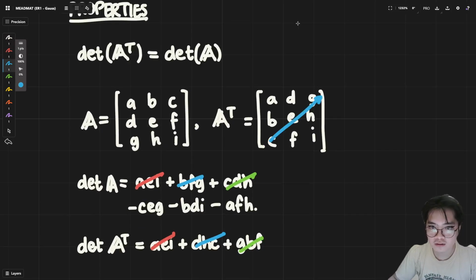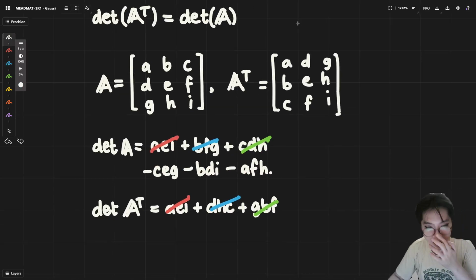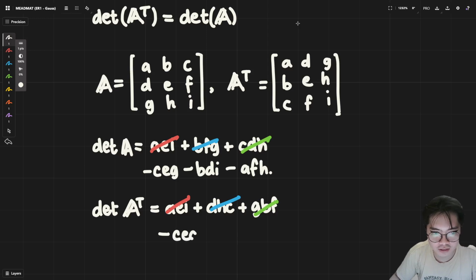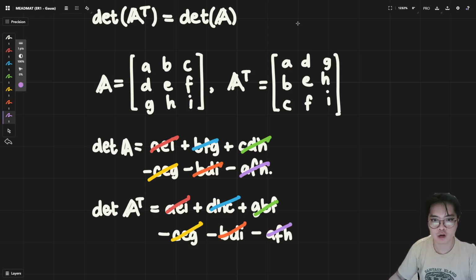And then FHA, and then DBI. So at the very least, for a 3x3, we can prove that the determinant is the same. CEG, there's still a BDI, and there's still an AFH. So everything is still the same. At the very least, we have proved that for a 3x3 matrix.